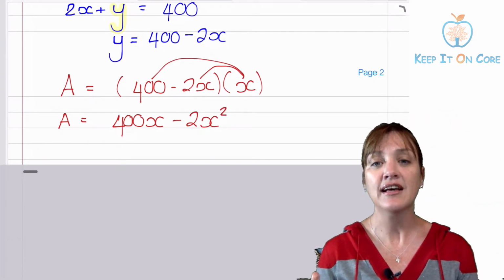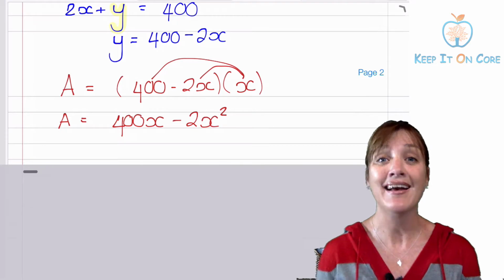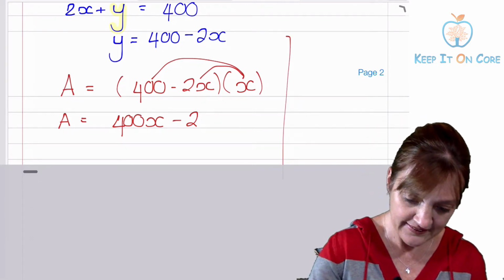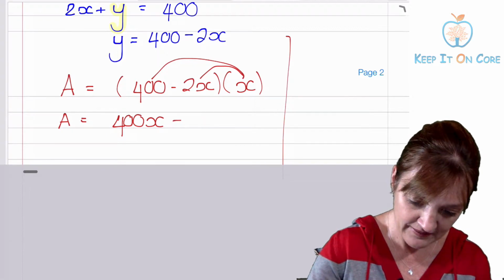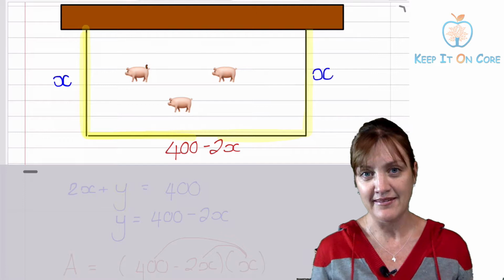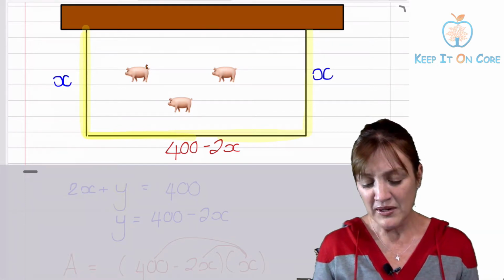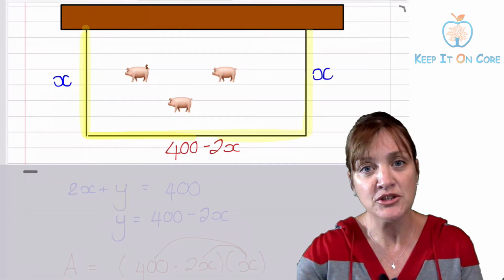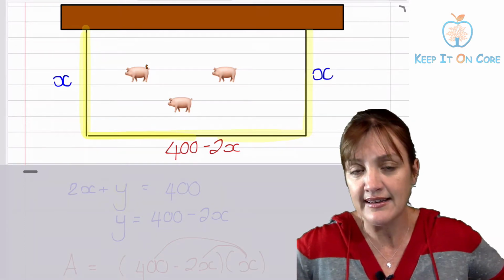And now we have to calculate the dimensions so that we maximize the area. What do we actually mean by that? Let's just take a second to go back to the diagram. What do we mean by maximizing the area? What if we made the two lengths of x a little bit shorter, but we extended the length?